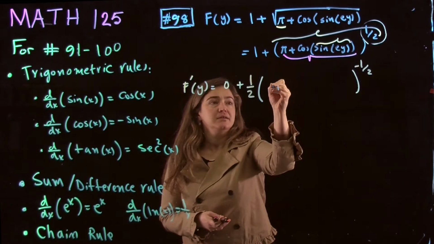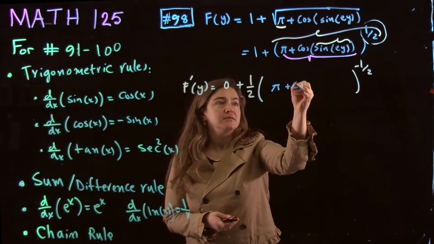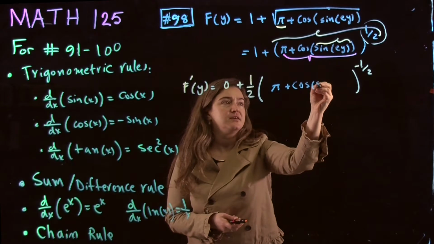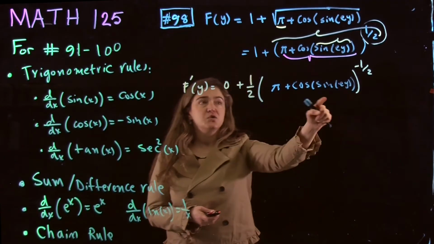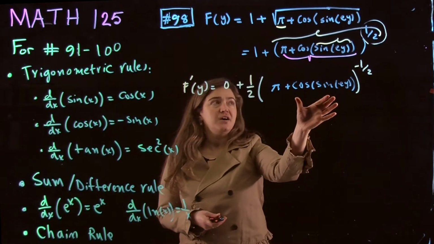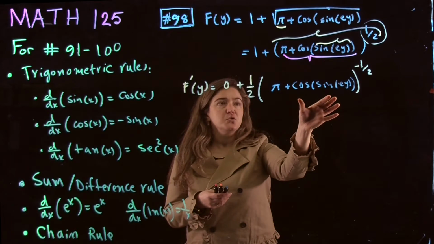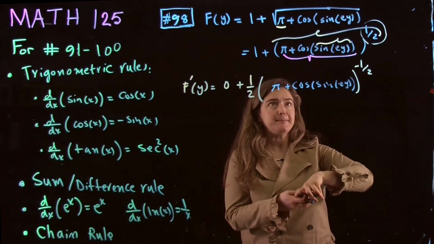I have pi plus cosine of sine of ey. So the inside is unchanged. Now I have to take the derivative of the inside. So what is the derivative of the inside? Let's write it down here.